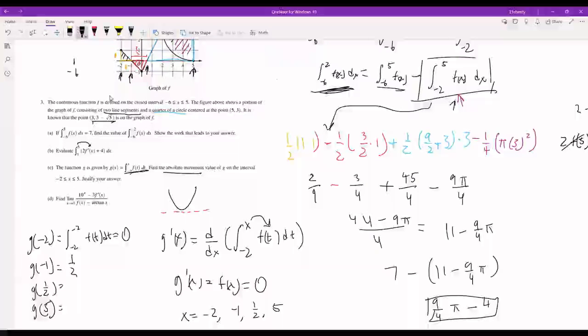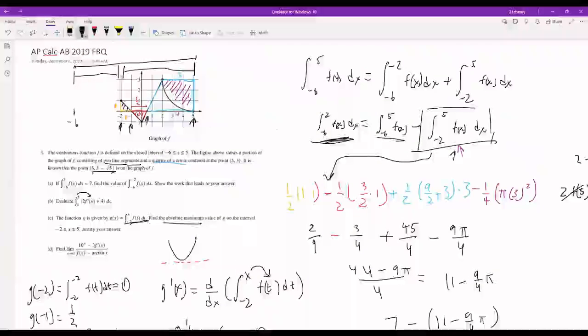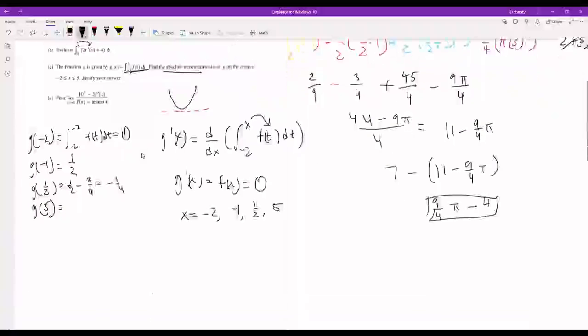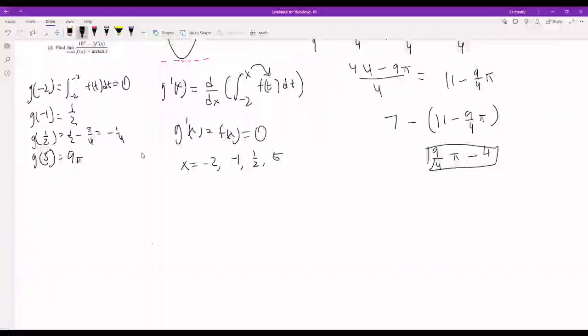Which gets us 1/2 minus 3/4, equals -1/4. And then g of 5 is this, right? -2 to 5, which we calculated in part A to be 11 minus 9 pi over 4.